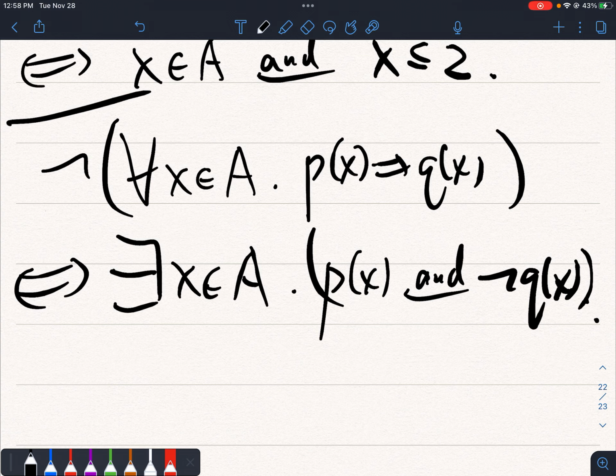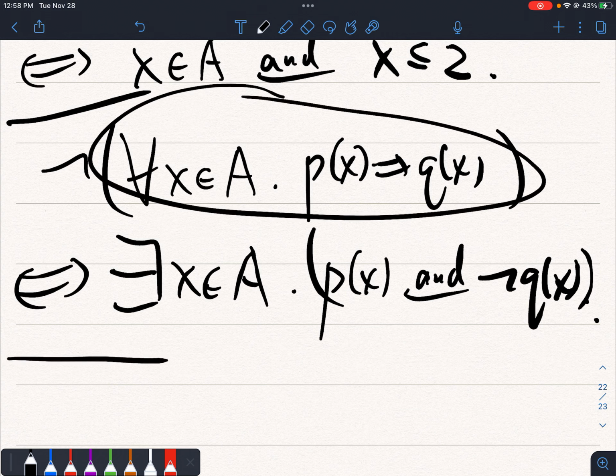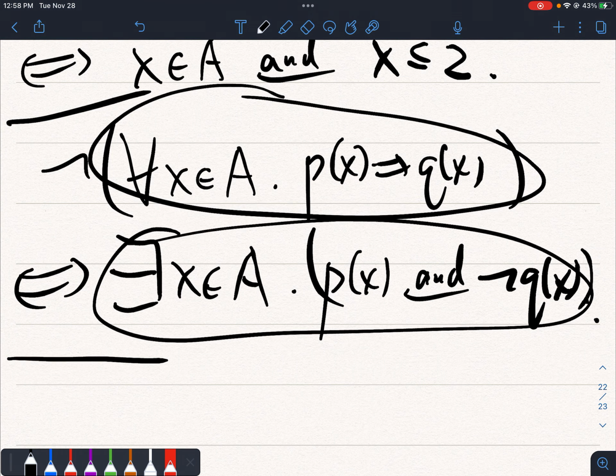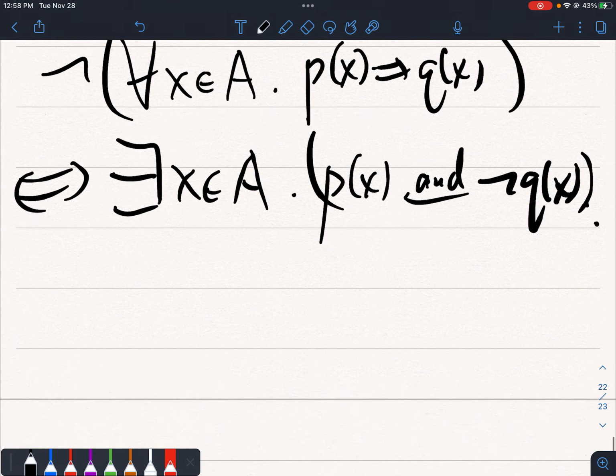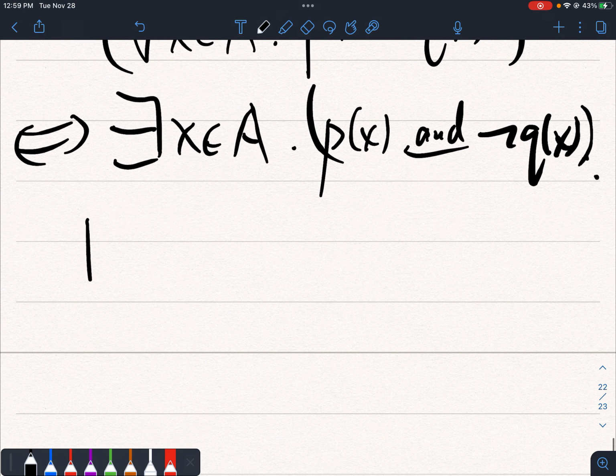So which means if you want to show this for all statement is false, then all you need to show is that this is true. Okay, so this is proof by negation. This is called proof by negation.